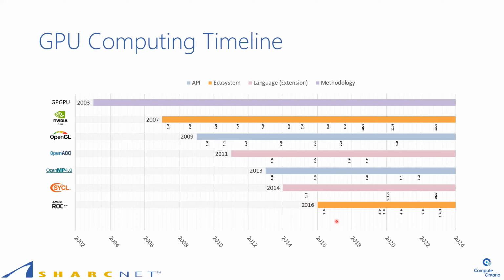And finally, we have both AMD and Intel jumping on the bandwagon by introducing their own software stacks, ROCm and oneAPI, in 2016 and 2019, respectively. While AMD adopted a similar but open source approach to NVIDIA's CUDA, Intel decided to go with SYCL and OpenCL.